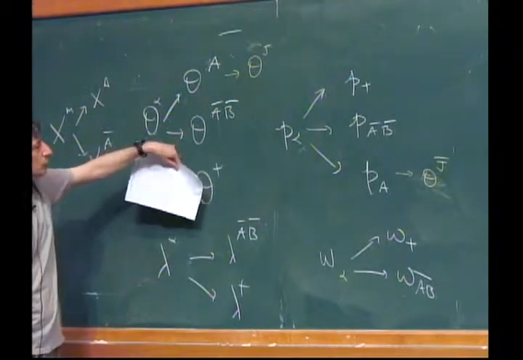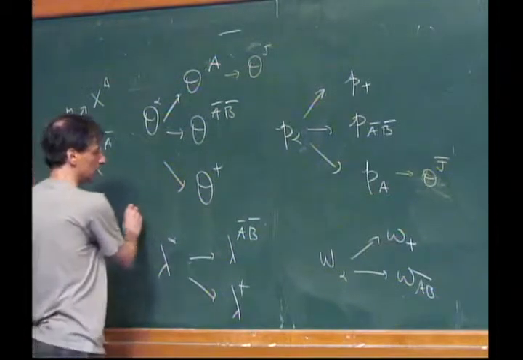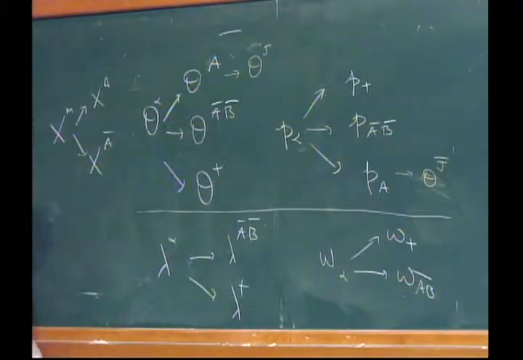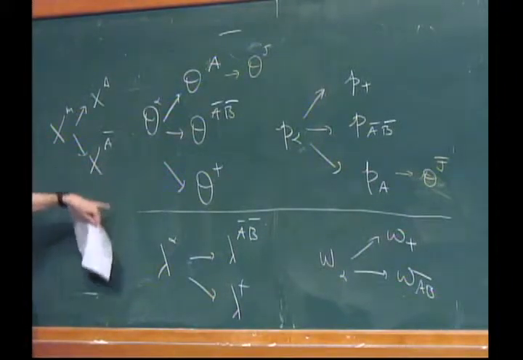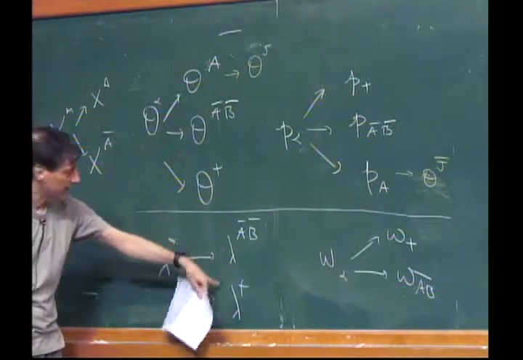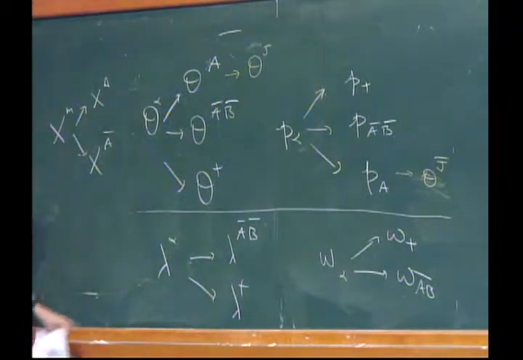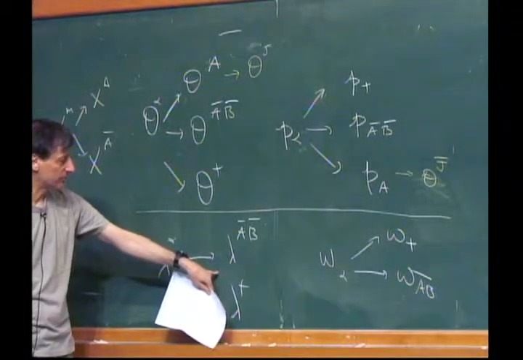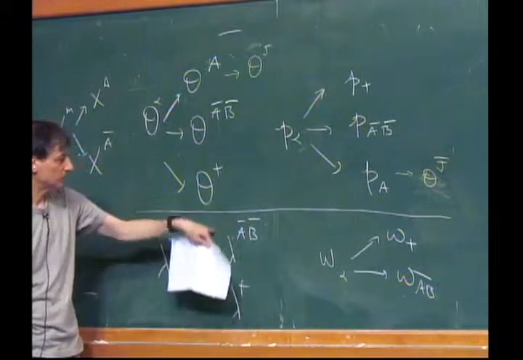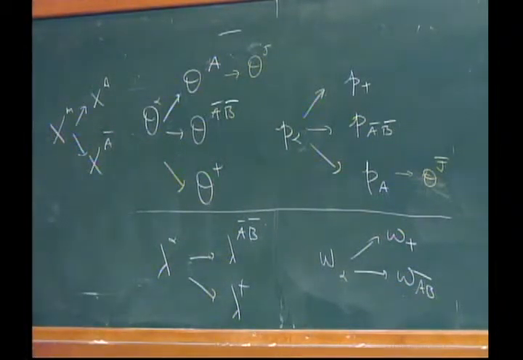So now we have 32 fermions from here. We have 10 bosons from here. We're missing 22 bosons. If we want to have an N=2 supersymmetric system, we better have the same number of bosons and fermions. Now, if I just require that lambda alpha only has 11 degrees of freedom instead of 16, I get the right counting. But of course, the way I've described it, this is not the covariant object, because lambda plus and lambda bar AB bar, if you do a Lorentz transformation, will in general transform into these other components.